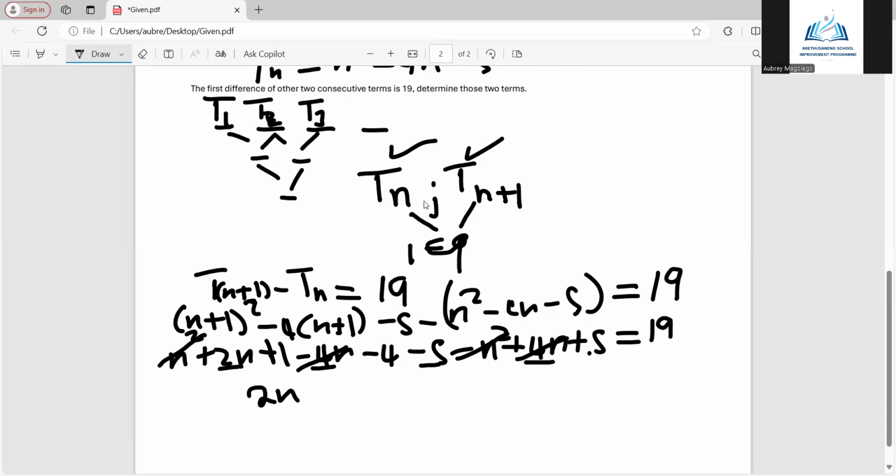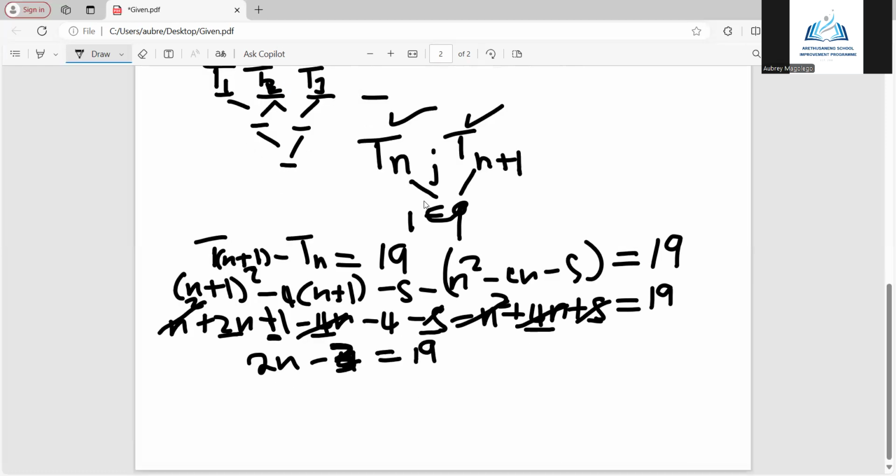We have negative 5 and positive 5, so they cancel each other again. Then 1 minus 4, which is negative 3. So we have 2n minus 3, which is equal to 19.